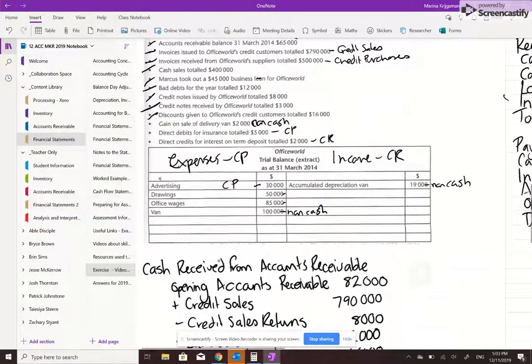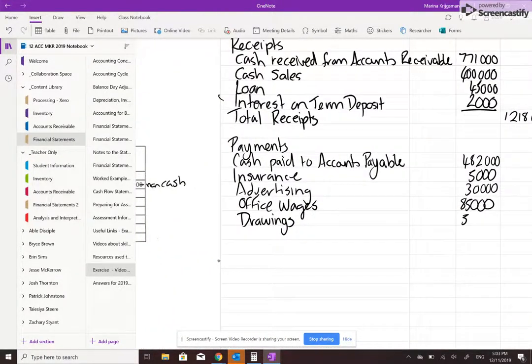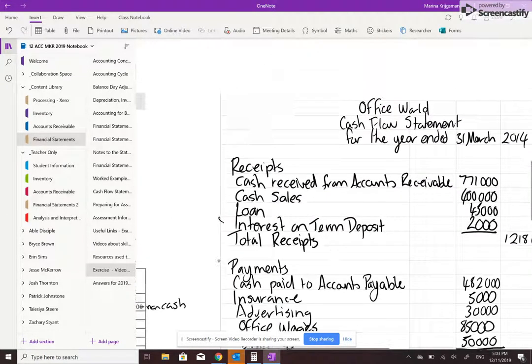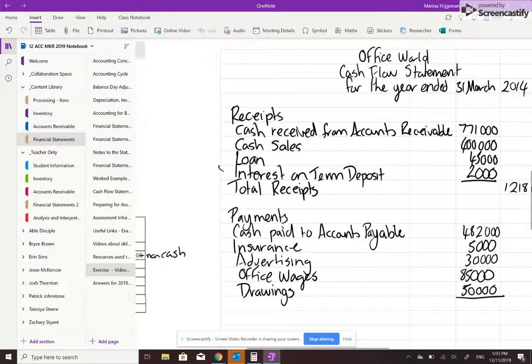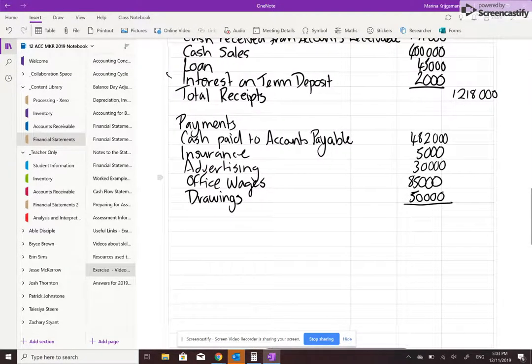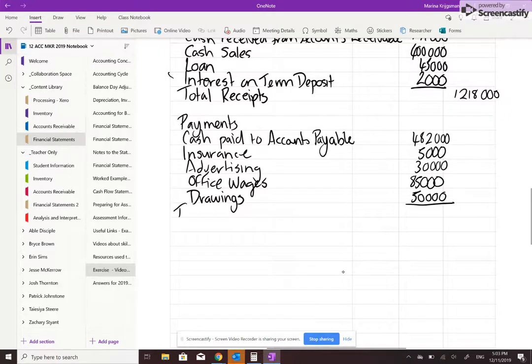Okay, so that's 50,000. So they'll usually tell you whether the drawings is cash or not. So it's all about what is cash. Okay, so now we can work out our total payments, and then we'll be able to work out our net increase or decrease in cash.